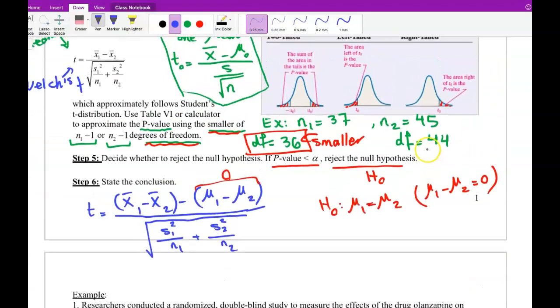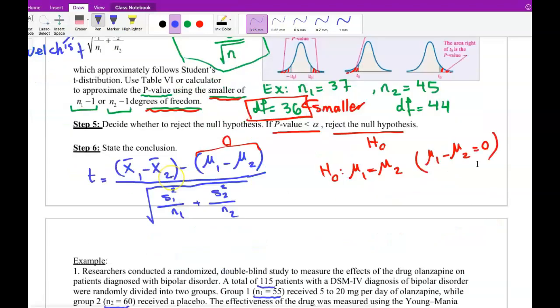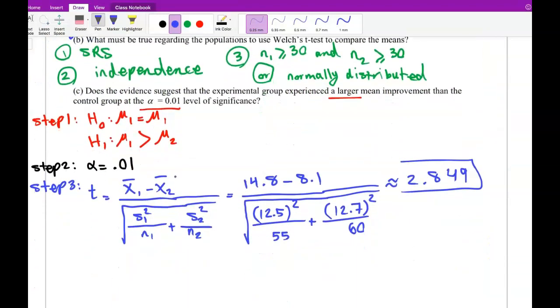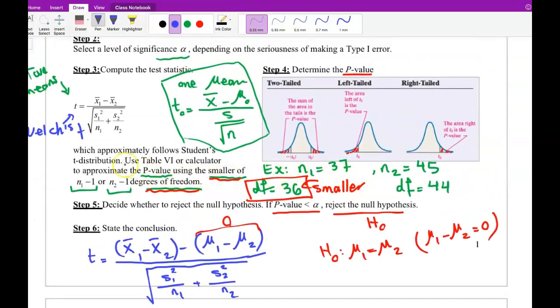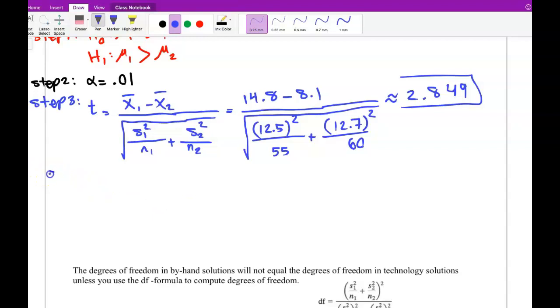Okay, let me go back here. So in this step, we said that to find a p-value, you should use a smaller degree of freedom. What that means is here we should use degree of freedom as 54. So based on this part, to find the p-value, degree of freedom is 55 minus 1, which is 54.